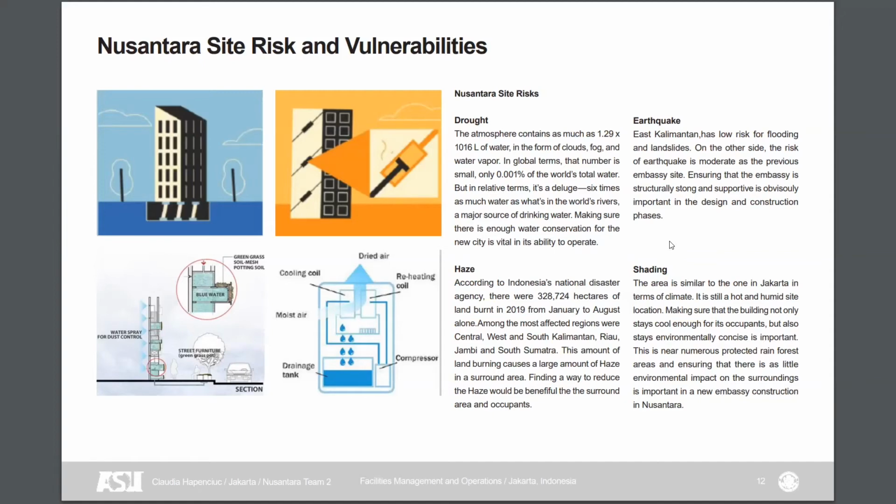And then the final one was shading. Similar to the Jakarta site, once again, it is a hot and humid site and does have a lot of sun exposure. So we want to make sure that we still have shading and different methods to keep the building cool.